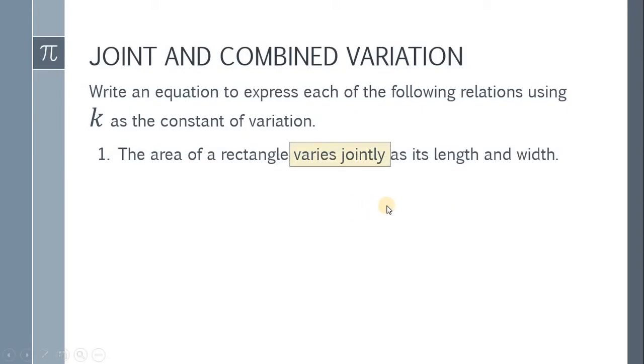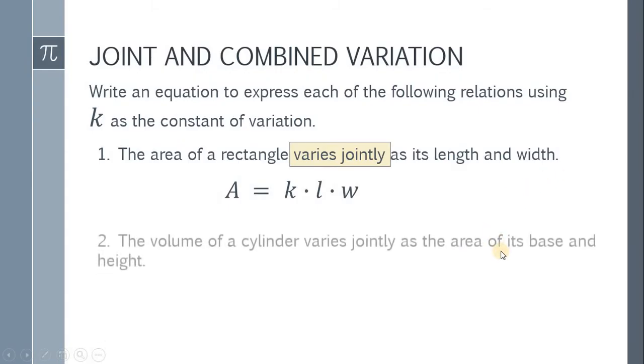Anong ibig sabihin kapag varies jointly? Kailangan nating i-multiply ang alin? Yung length and yung width. So, we have the area is equal to K times L times W. And we're done.